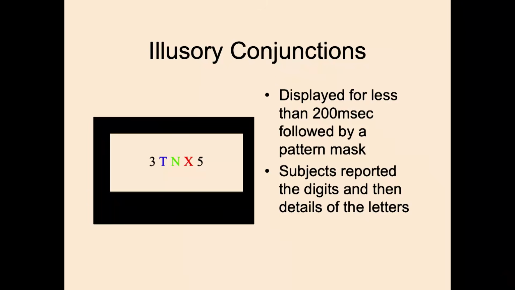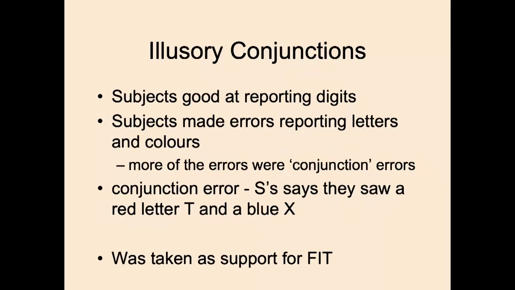They won't tend to see some letter that's not there, but they might say a green X, or a red T. And so this was taken as support for the idea that one of the things that happens when you're paying attention to something is that you're able to bind distinct properties of stimuli together, and that when attention is diverted, that binding is disrupted in some way. Okay.